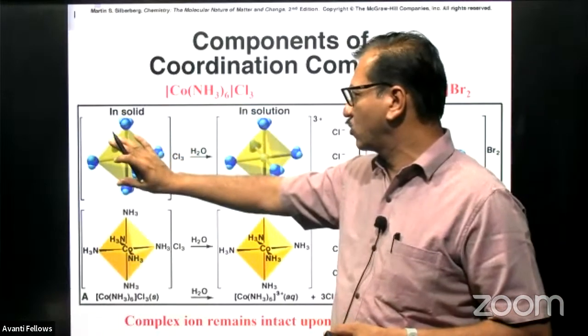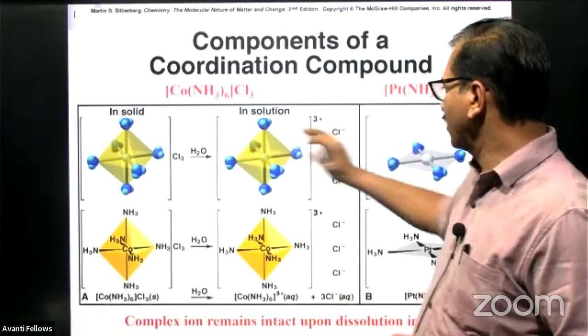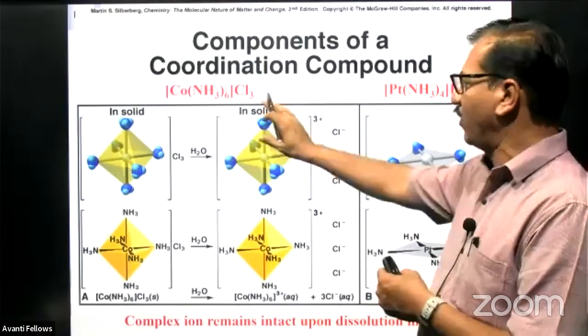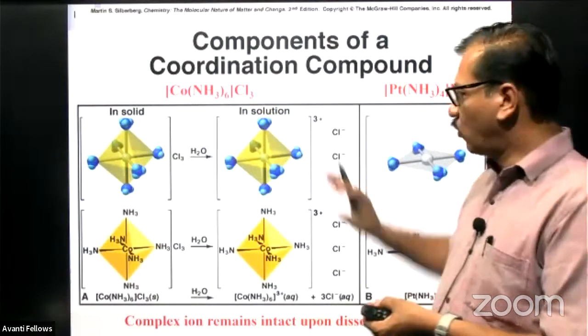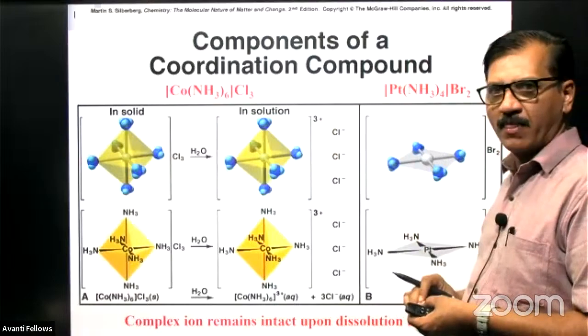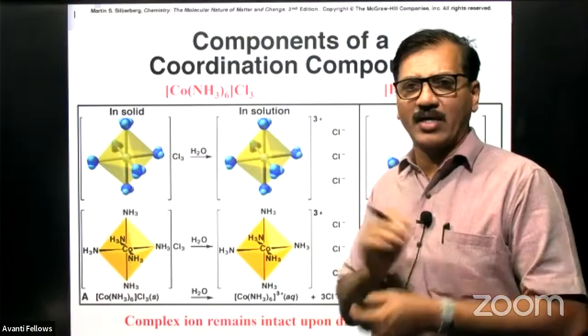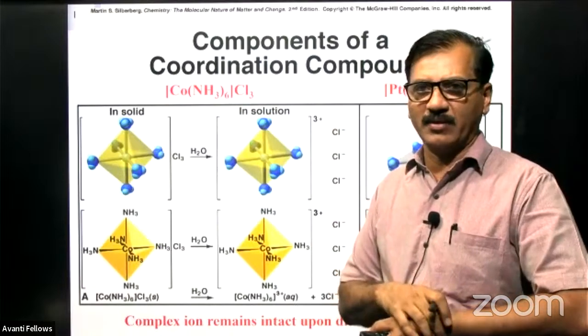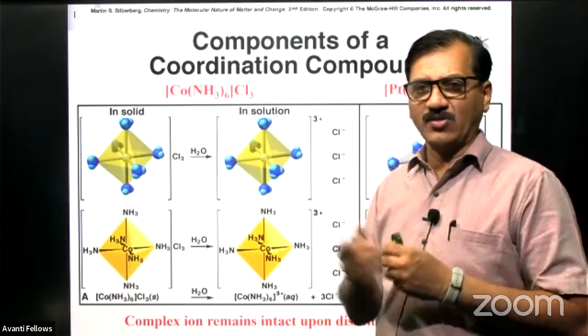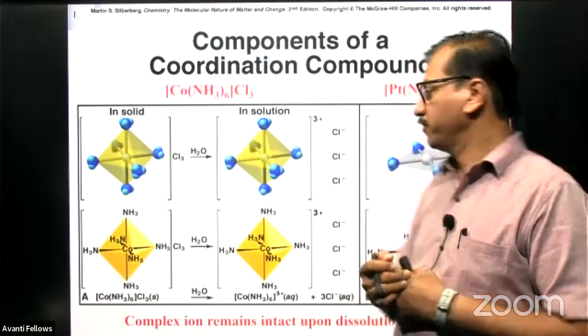These are in solid form as the chloride salt. The Cl minus counter ions get separated in solution, but the one which is in the square bracket entity is not ionizable, so it does not answer the chemical test.